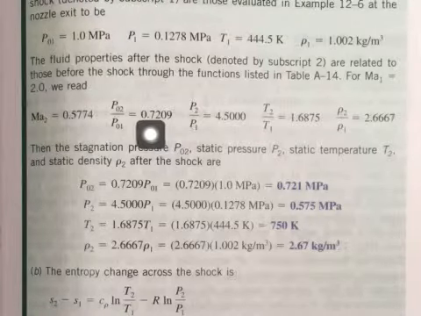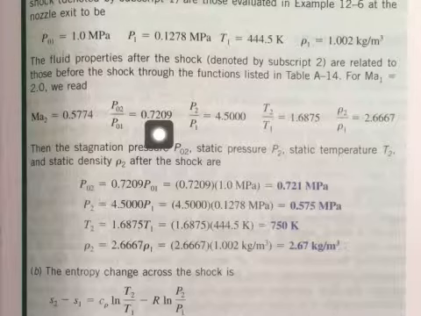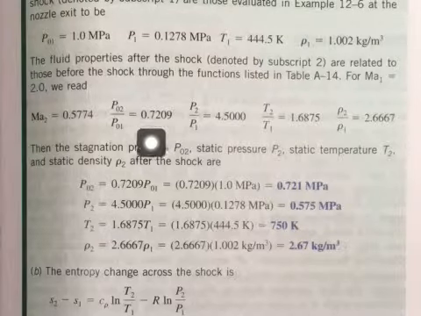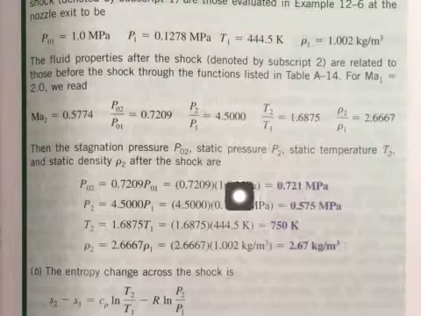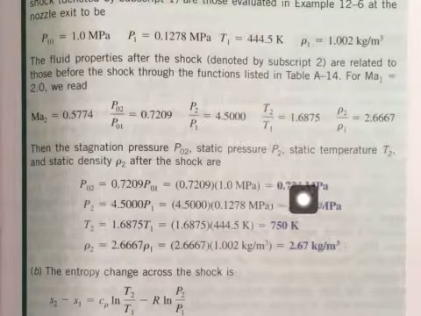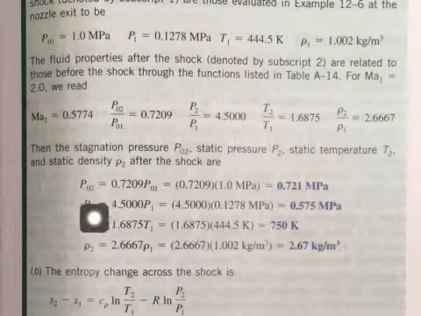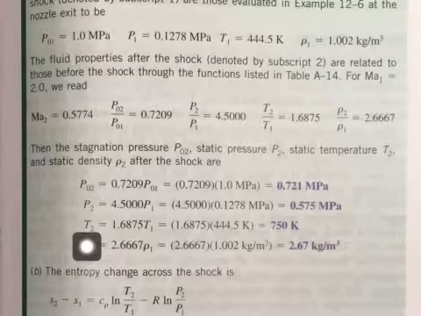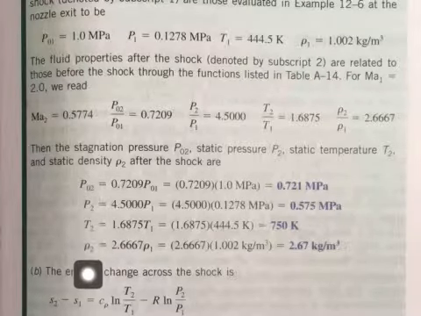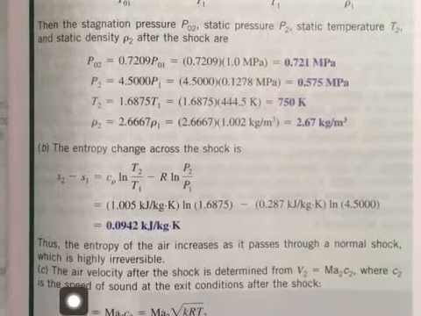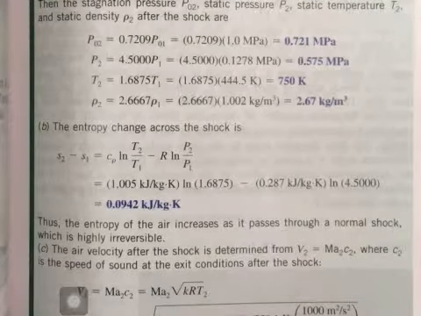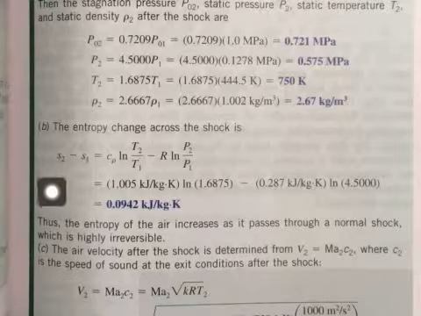So we use this value to calculate the conditions after the shock. The value that we get is stagnation pressure equal to this. We get values also for the pressure at location 2, temperature, and density. Just bear in mind those values.